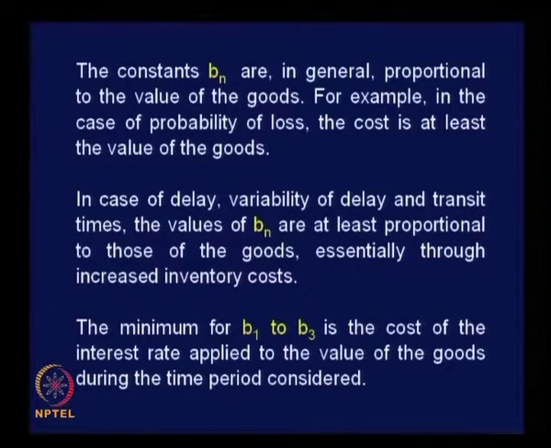Annual interest rate you can work out, then daily rate, hourly rate, then you can find out the money value of the time of goods transportation. Have that as a minimum value for these coefficients. Now I think you will be able to appreciate the concept of generalized cost of goods transport. It is very important.